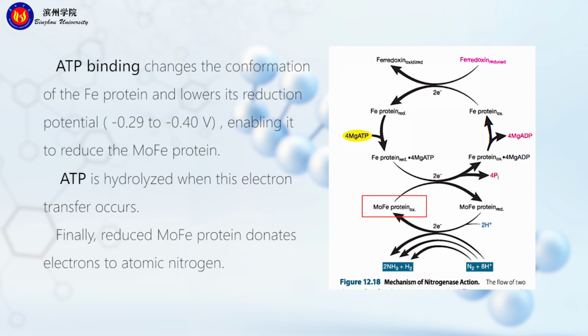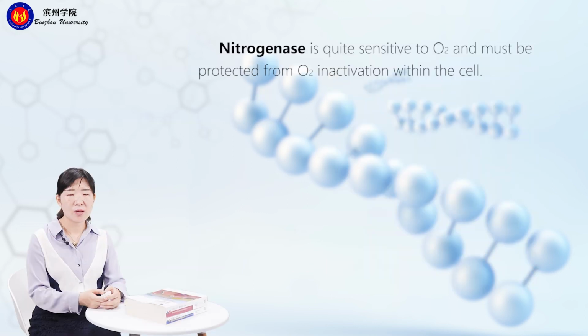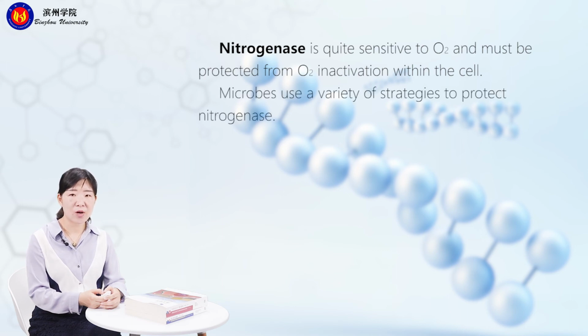Finally, reduced molybdenum-iron protein donates electrons to atmospheric nitrogen. Nitrogenase is quite sensitive to oxygen and must be protected from oxygen inactivation within the cell. Microbes use a variety of strategies to protect nitrogenase.